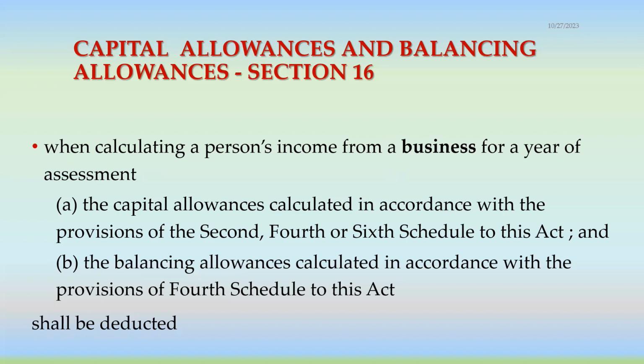The second, 4th and 6th schedules are provided for capital allowances, and from these we can understand how to calculate capital allowances and balancing allowances. Balancing allowances means that after realizing a depreciable asset, if we have a loss, we call it a balancing allowance.